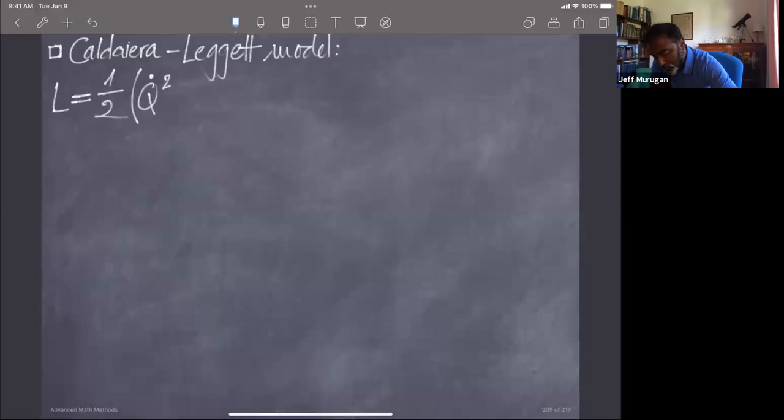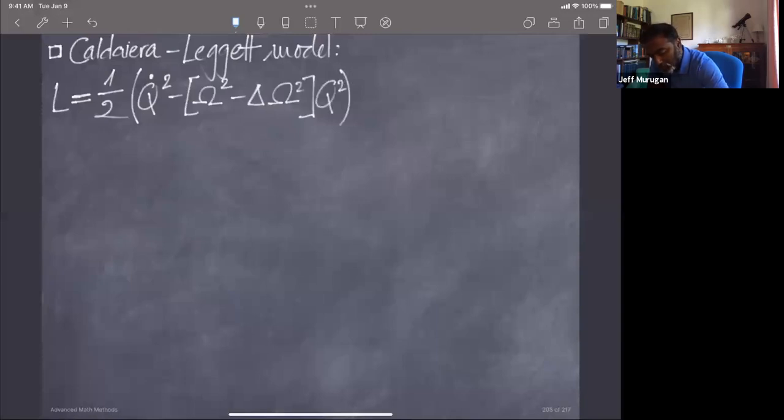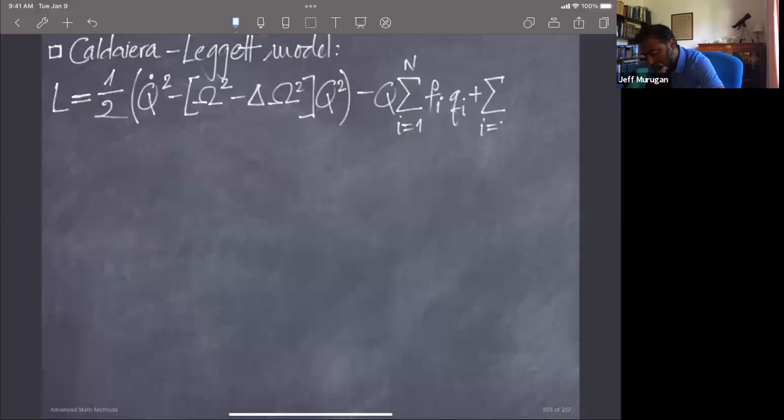So, 1/2 Q dot squared, the dot here will always mean d by dt, minus 1/2 (omega squared minus delta omega squared) Q squared, minus Q times the sum over i equals 1 to n of f_i q_i, plus the sum over i of 1/2 (q_i dot squared minus omega_i squared q_i squared).